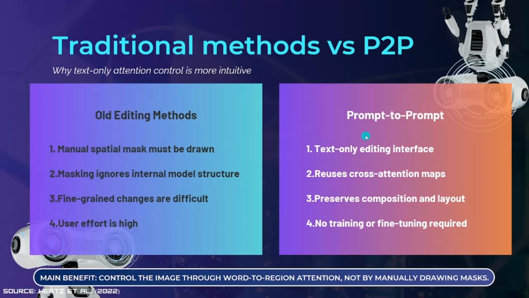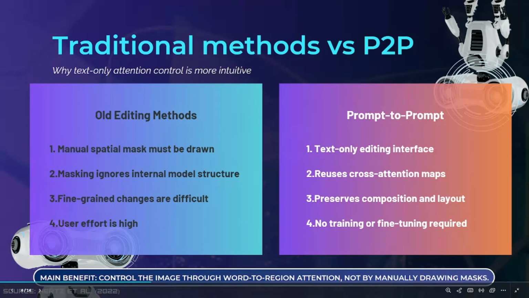On the right side, prompt to prompt provides a text-only editing interface, and it reuses the model's cross-attention map, preserves the overall composition and layout, and does not require retraining or fine-tuning. So the main point shown at the bottom is that prompt to prompt controls the image through word to region attention rather than manually drawing masks.